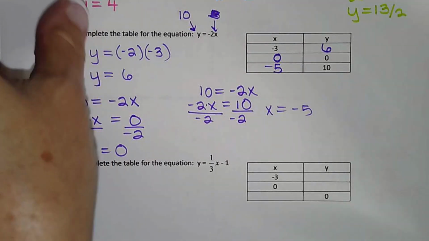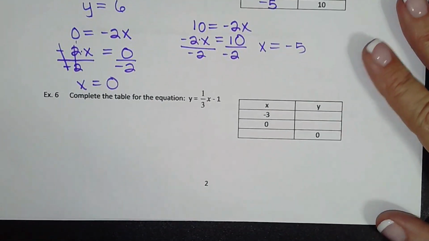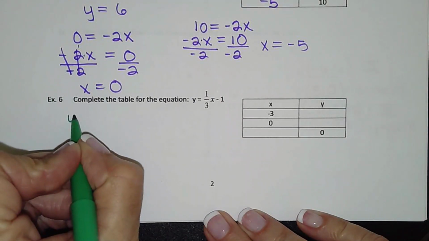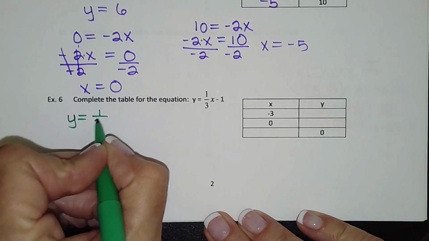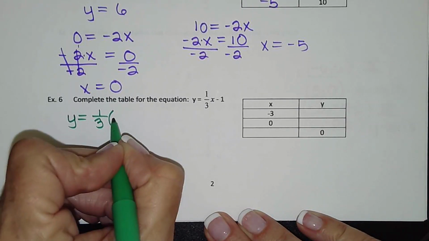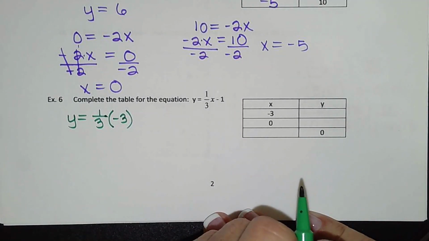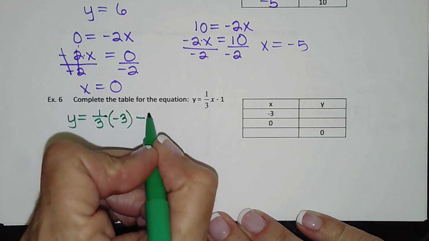Okay, on example 6, x is -3. And remember, when you plug in a negative, it must be in parentheses. So y equals 1/3 parentheses -3. And that just means 1/3 times -3. And then -1.